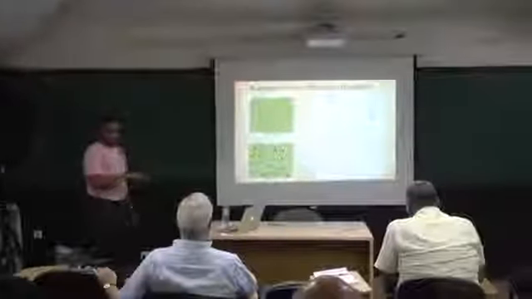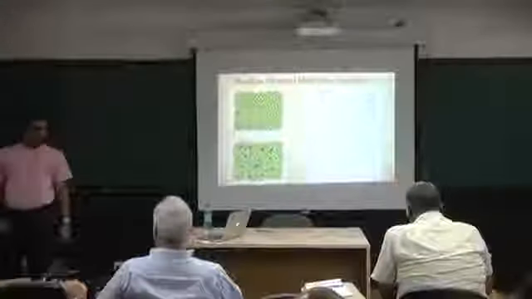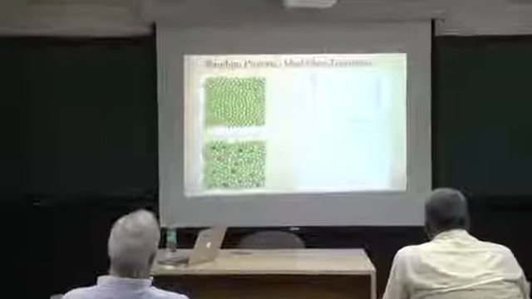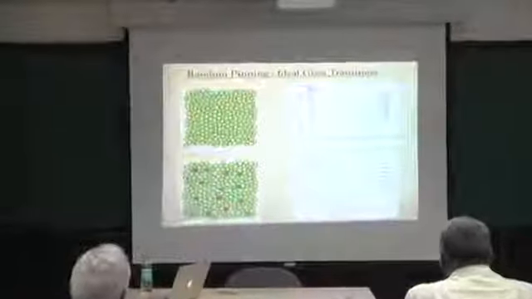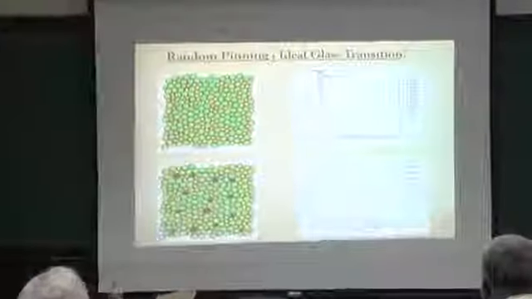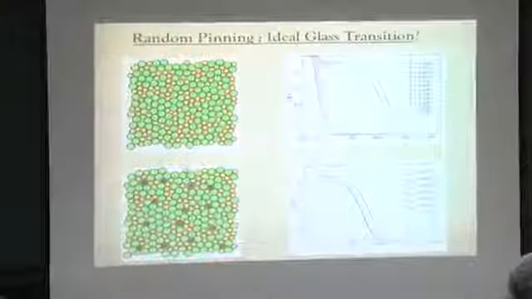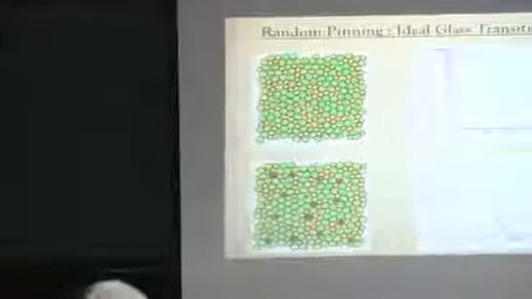So the question becomes, is there a possibility of getting completely stuck, or an ideal glass state, by freezing a finite fraction of particles, not 100%, less than 100%? There are a couple of mean field analyses and some approximate RG calculations done by Giulio Biroli and co-workers, and they seem to claim that indeed that's possible.